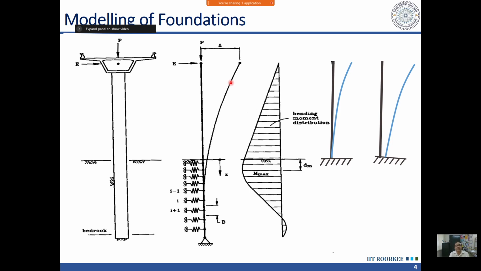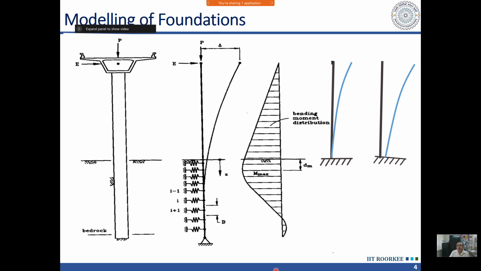So if we are interested in finding the forces and we make these simplifications, then in the calculation of the forces we are on the conservative side. So we can accept this simplification of assuming the pier to be fixed at the top of the foundation. It is slightly on the conservative side if we are interested in calculating the forces and bending moments. But if I am calculating the displacement, then it is on the non-conservative side.